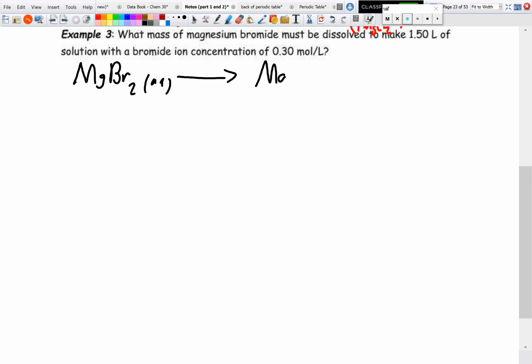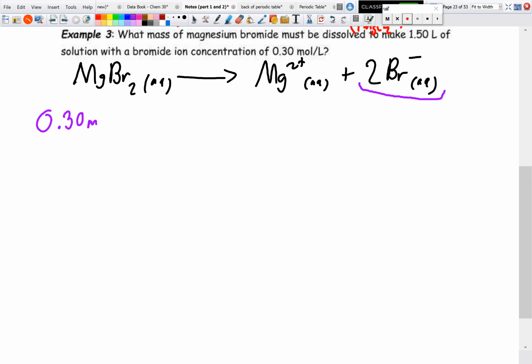We're going to produce the magnesium ion, then plus our bromine ion, and we need to balance it by doing that. Now, because we're given this, we have starting off 0.30 moles per liter of Br minus.